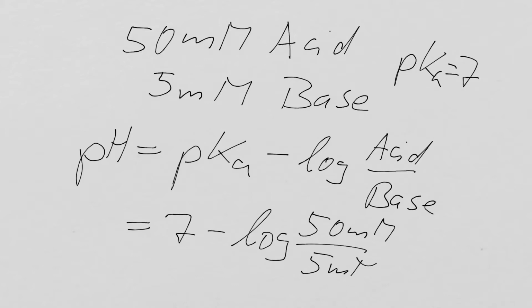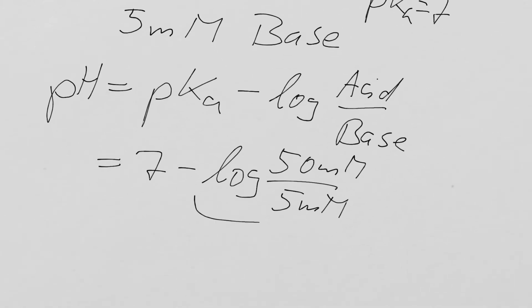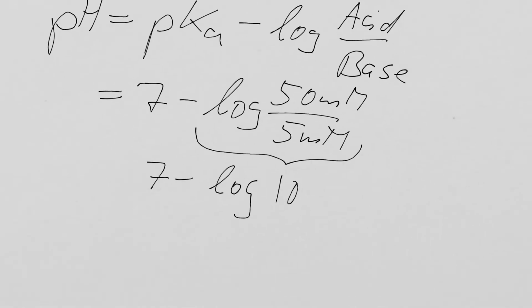What does that give us? 50 divided by 5 is 10. 7 minus log 10, which is 1, equals 6. So the pH of that would be 6.